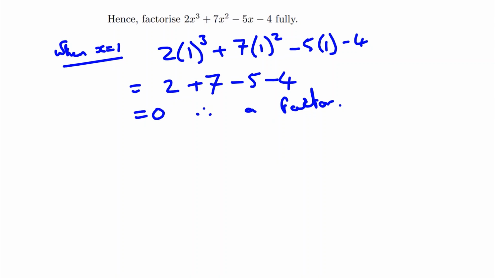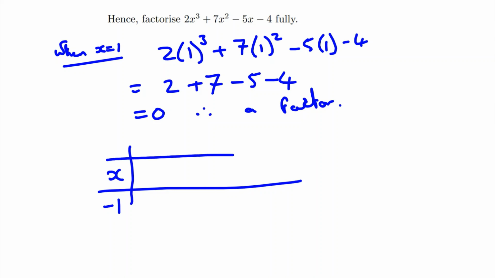So we know that x take away 1 is one of our factors. What we're actually going to do is a reverse grid method. Now we know we're going to have some lot of x squared, because to get our x cubed, we're going to have x times x squared. We're going to have some lot of x and some lot of a number on its own.